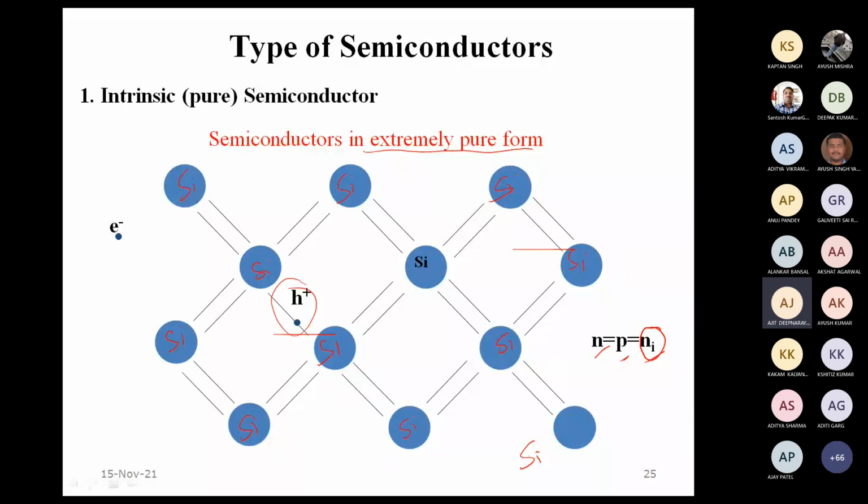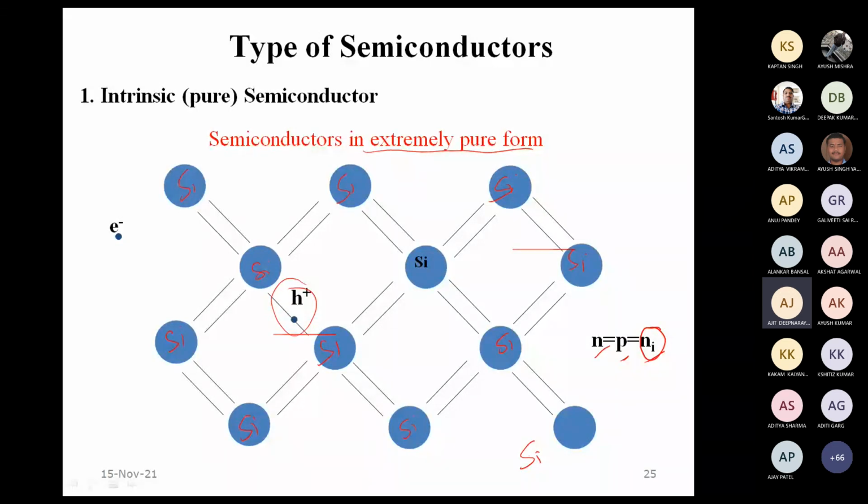Now suppose a bonding electron in some nearby atom receives some energy from somewhere and is liberated, then we will again see one electron hole pair generated.